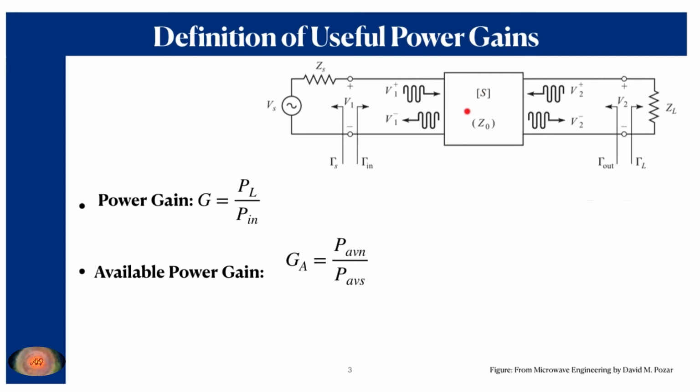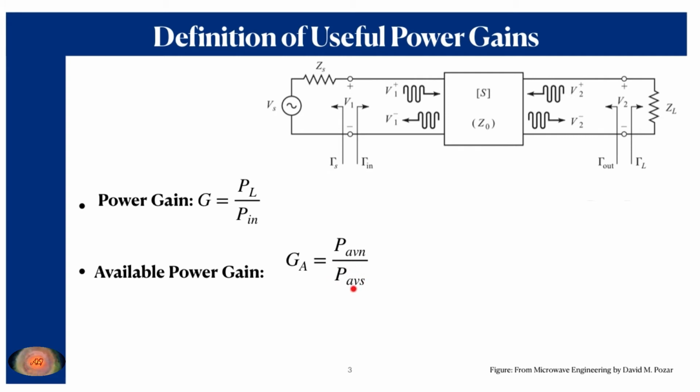So it has a characteristic impedance Z0, and if the output impedance is matched with that characteristic impedance, then the maximum power should be transferred, and that is the power available from the network.